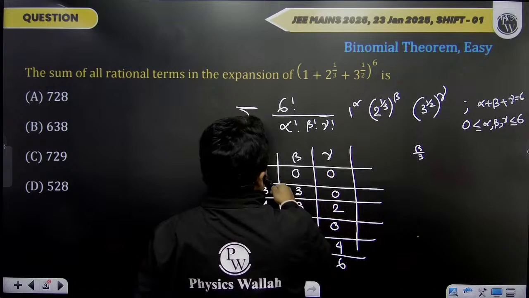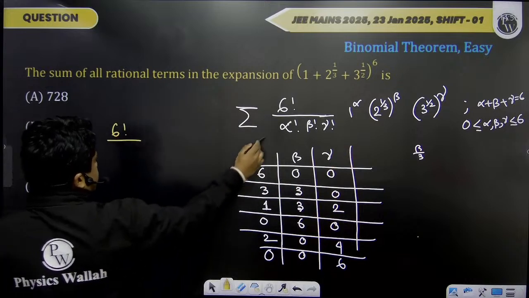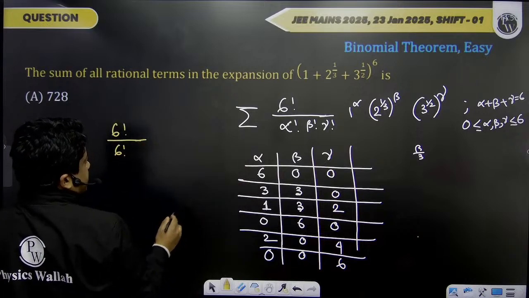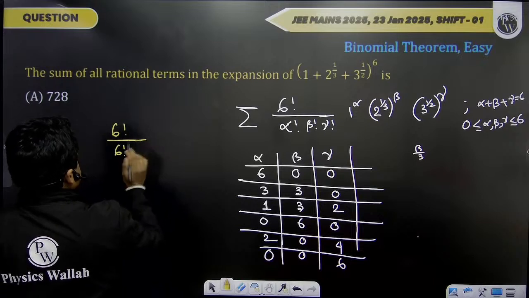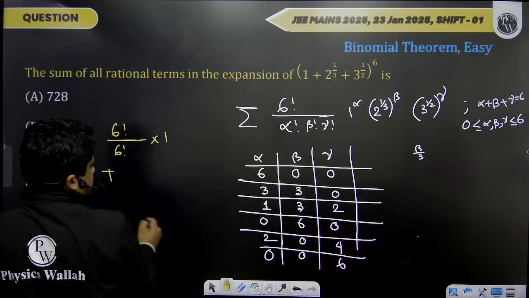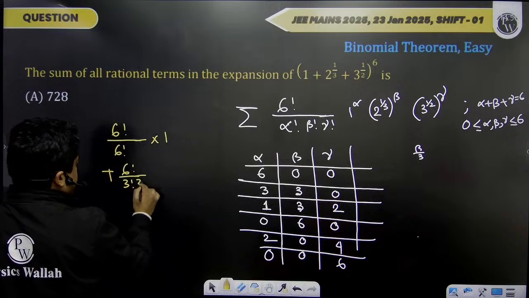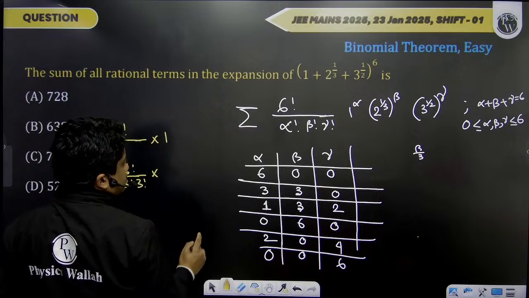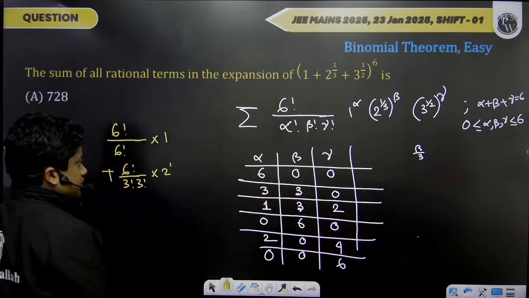So the first case, when alpha is equal to 6, we are getting 6 factorial upon 6 factorial, beta gamma 0, 0 factorial, into 1 power alpha, that is 1 power 6, which is 1, and this is 0, so this is 1. Plus this will be equal to what? 6 factorial upon 3 factorial 3 factorial into 0 factorial, which is 1, into 1 power alpha, which is 1, and beta power 2 power 1, correct?